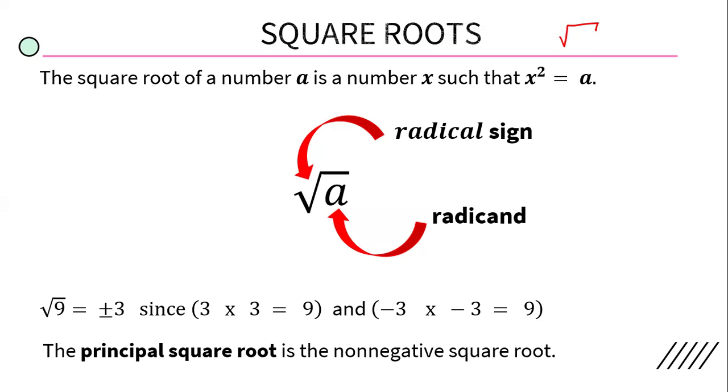So the square root of 169 is the same thing as negative 13 times negative 13, so it is negative 13. However, 13 times 13 is also 169, so the square root of 169 is positive 13. But again, we're going to be using the principal square root, that is the positive one.